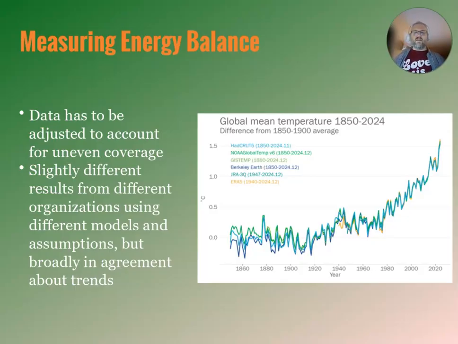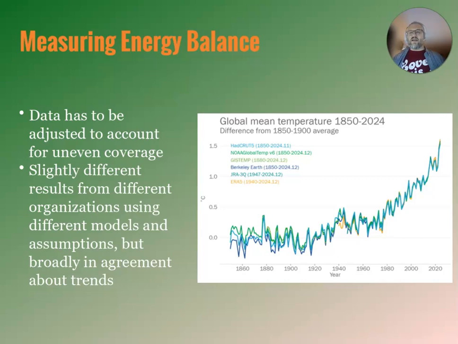So we have a bunch of different organizations that are putting this data together. And you can see that while they get slightly different results on a year-to-year basis, by and large the overall trend that they are seeing is the same. So you can see that those lines, even though some of them tend to go up a little higher or down a little lower on a year-to-year basis, they're finding generally the same trajectory, both the same overall upward slope, but also some of the same year-to-year variations.